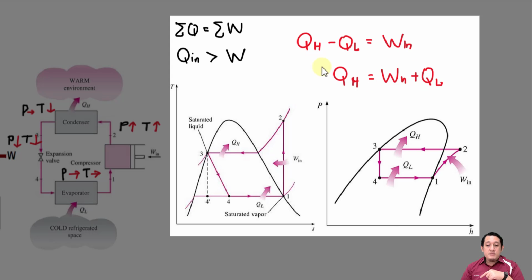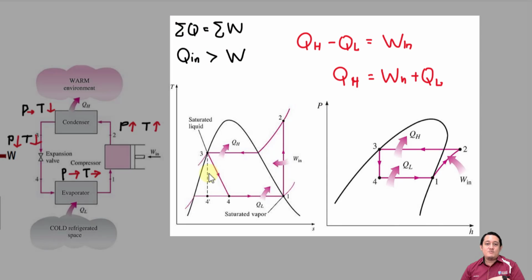So that means QH must be larger than W. Q in is larger than W. So this also supports the second law of thermodynamics. Therefore, this refrigeration system, which is the vapor compression refrigeration cycle here, didn't break any law of thermodynamics. It still maintains these laws of thermodynamics.